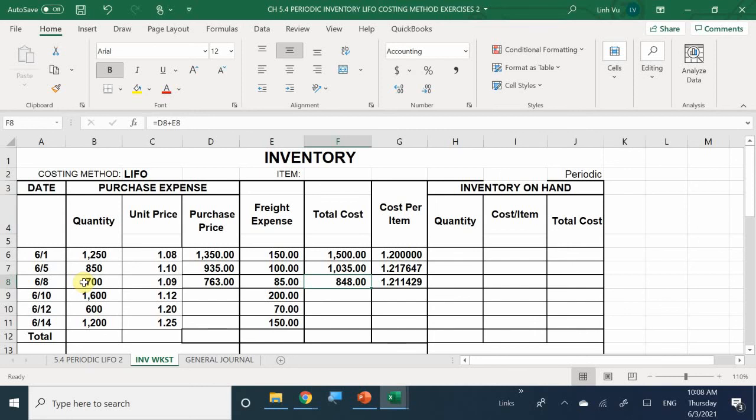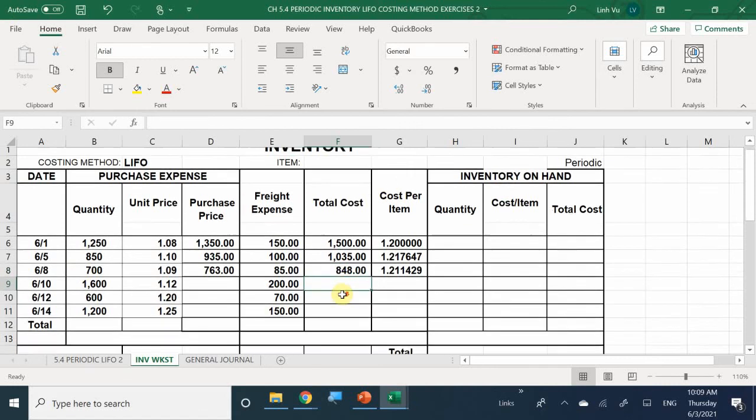And this is the number we use when we calculate our cost of goods sold, because this is what we're charging our customers. We're having them pay for everything, including the freight cost. The unit price is what it cost me to buy the item, but I incurred extra costs. So you're adding the grand total cost, including freight, and spreading it across the number of items that you purchased.